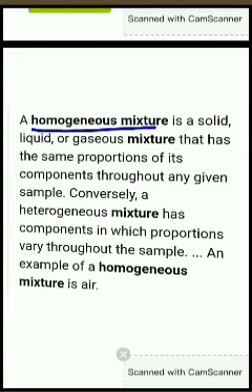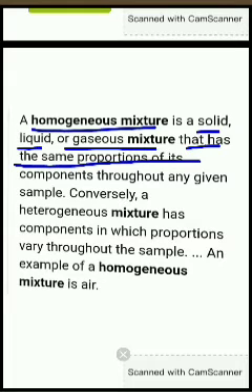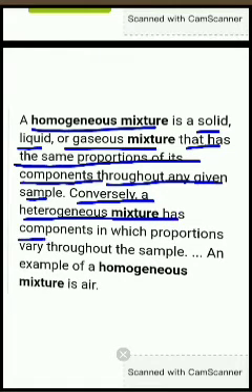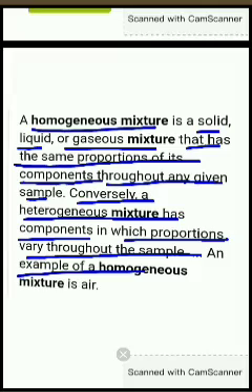The homogeneous mixture is a solid, liquid or gaseous mixture that has the same properties of its components throughout any given sample. Conversely, a heterogeneous mixture has components in which proportion varies throughout the sample. An example of homogeneous mixture is air.